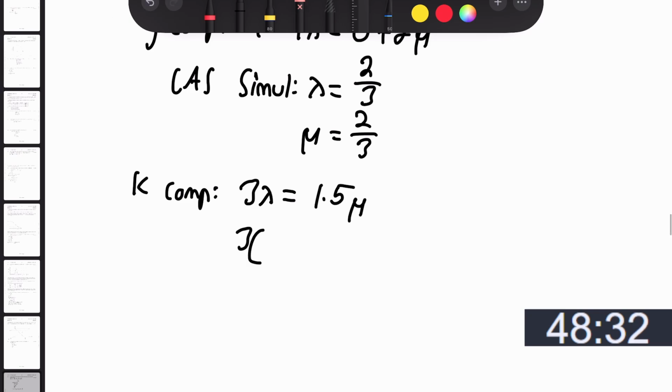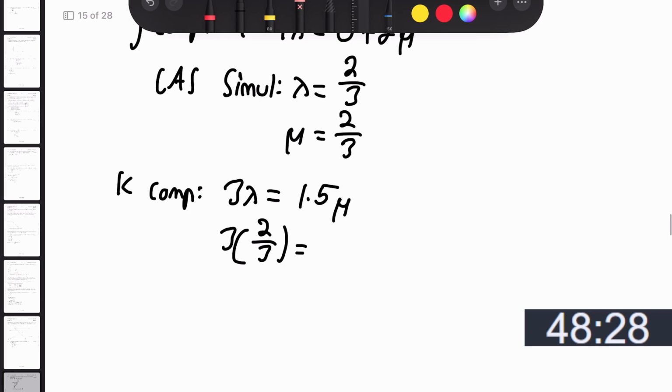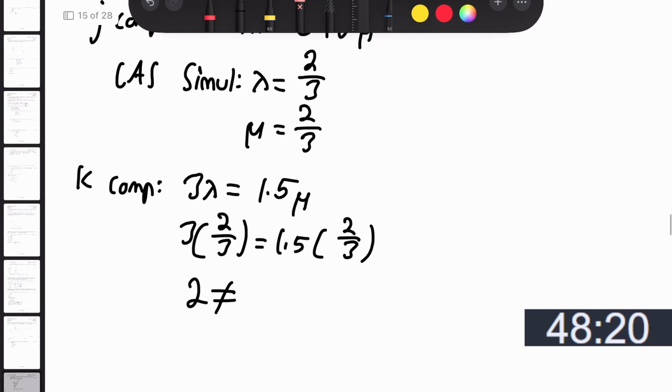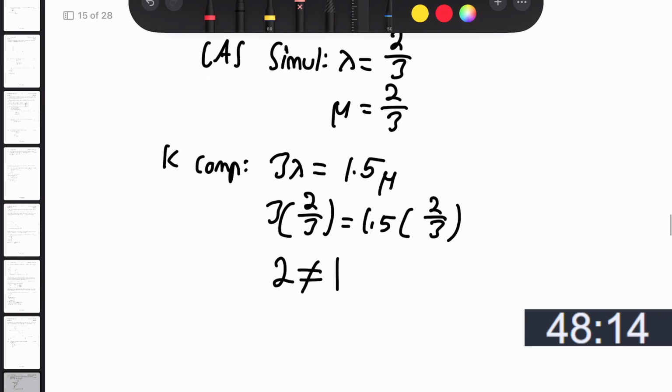So 3 of 2 on 3 equals 1.5 of 2 on 3. So then 2 does not equal this, so this is 3 on 2. 2 does not equal, and therefore they do not intersect.